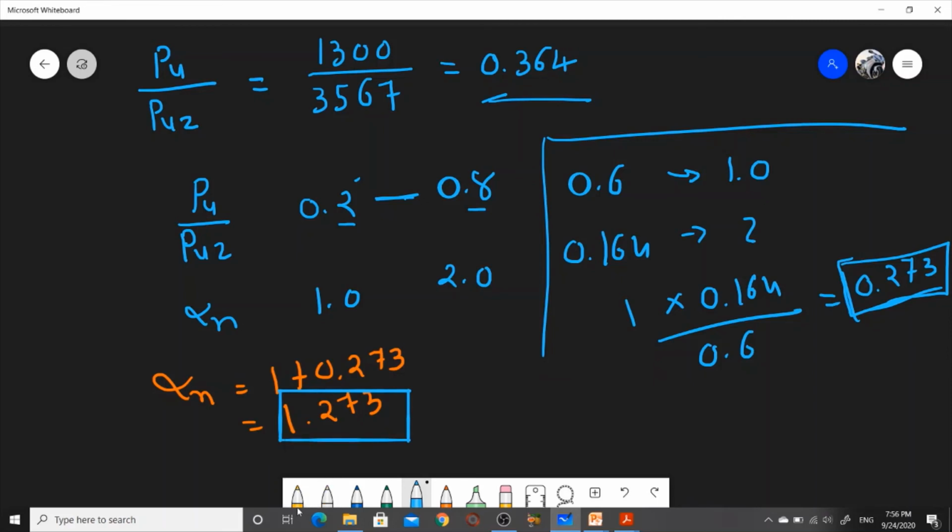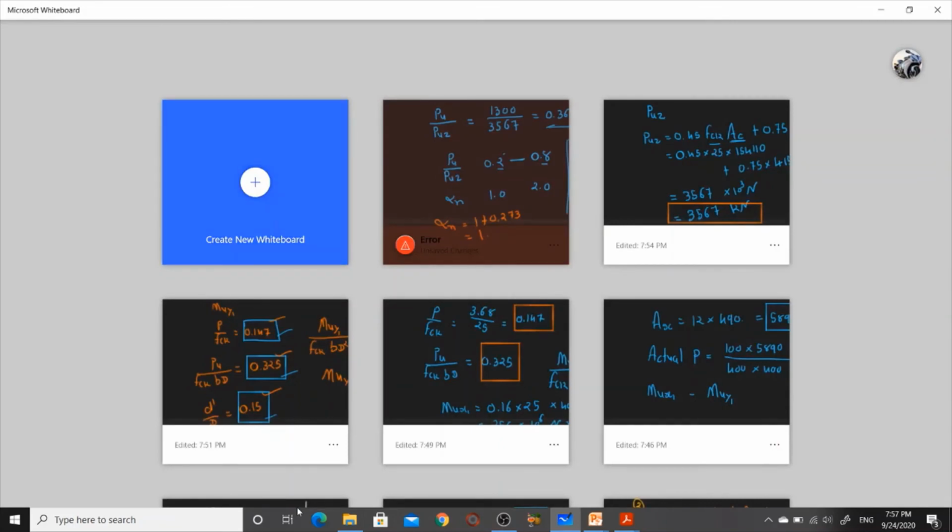Now we will find out checking interaction formula. All these values will be used for checking the interaction formula.